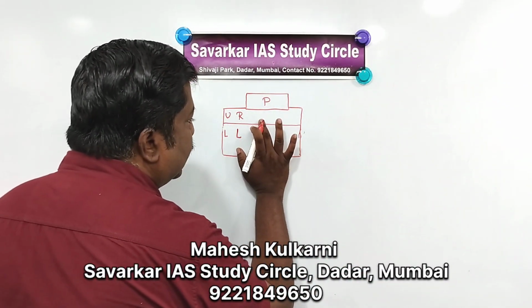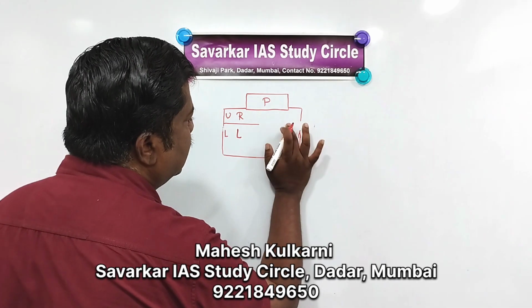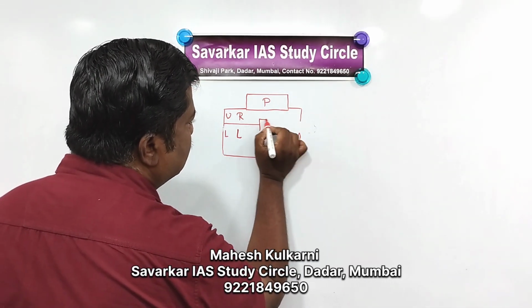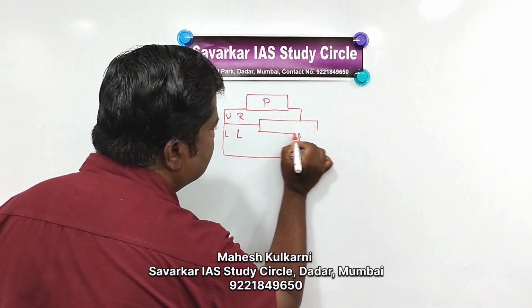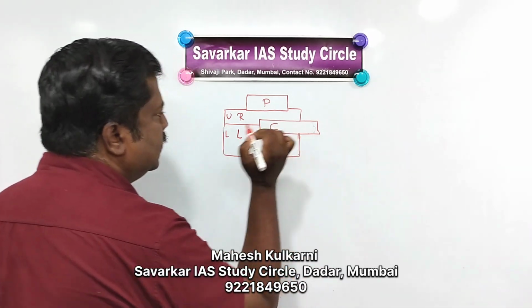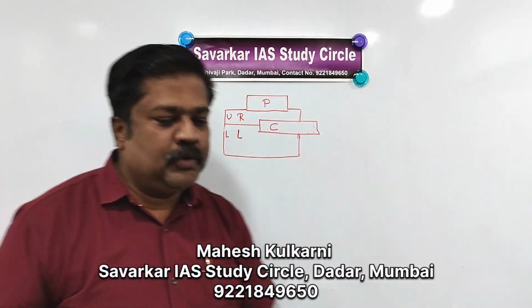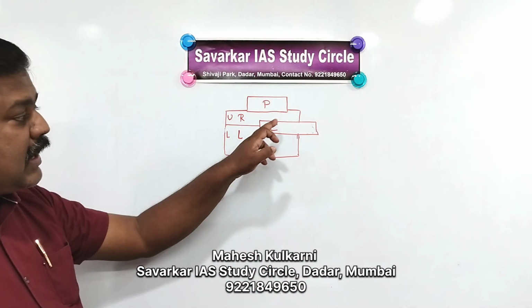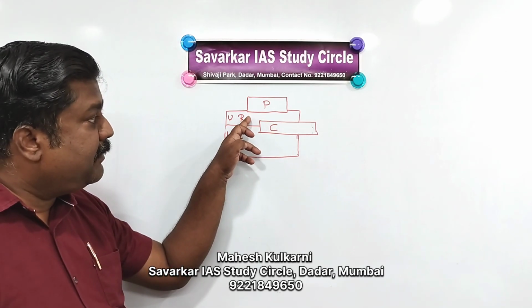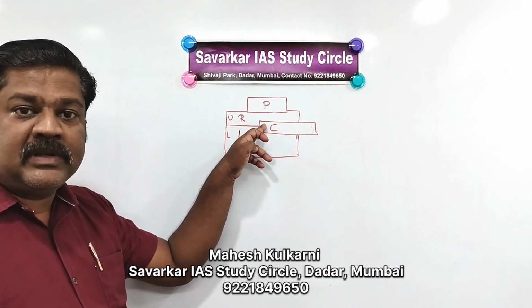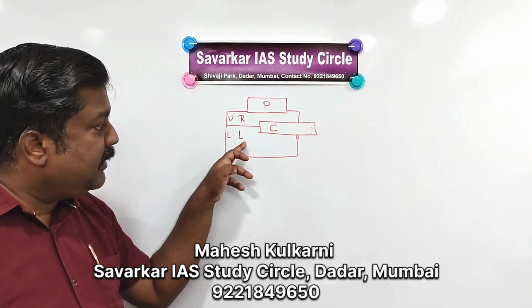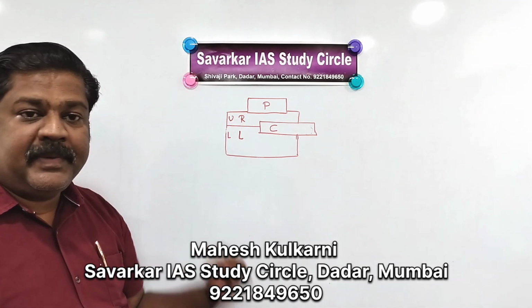Now here I have to show a different part, the Council of Ministers. In this diagram I am showing you the Council of Ministers. The reason is that a council member may be a member of Rajya Sabha, so I am giving some space here. A council member may be a member of Lok Sabha, so I am giving space here.